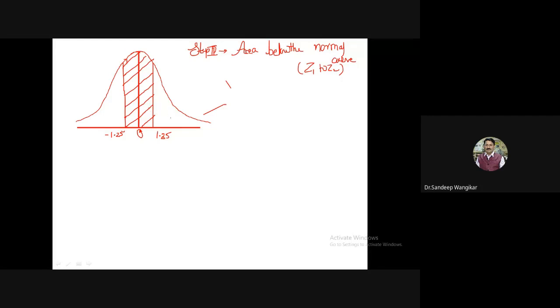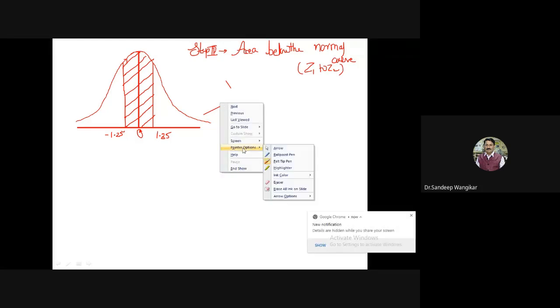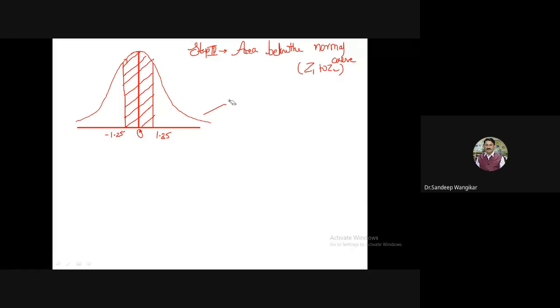So now I will say here the area between z is equal to 0 to z is equal to 1.25, let us go somewhat behind.